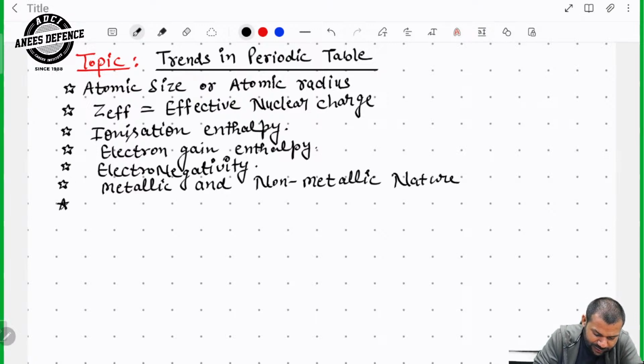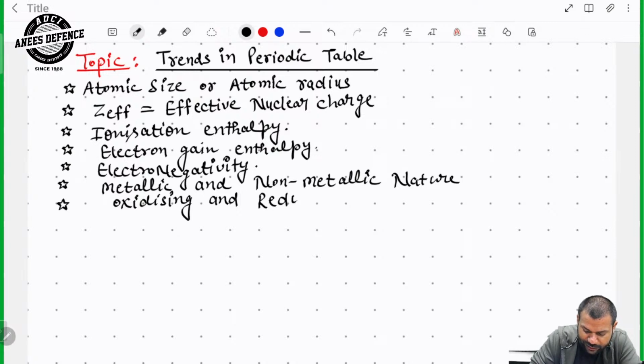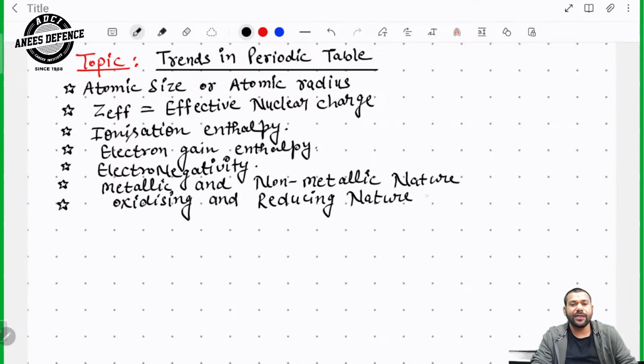Then sometimes we use oxidizing and reducing nature.